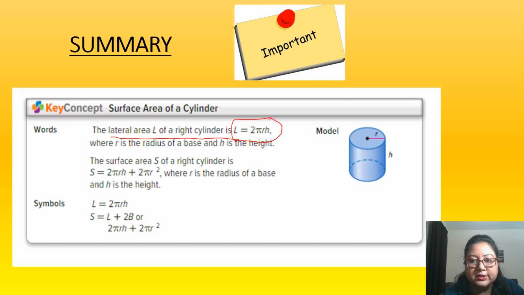Capital L denotes the lateral surface area, which is 2 pi r h, and capital S denotes the total surface area, which is 2 pi r h plus 2 pi r square. So this is what I would want you to remember. This is just like a formula sheet that is going to help you for all your questions. So please remember them so that you can use them for solving questions very easily and get to the correct answer.